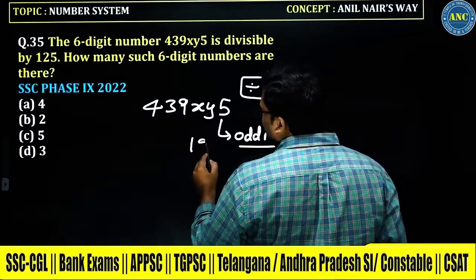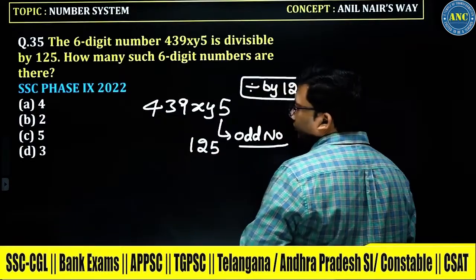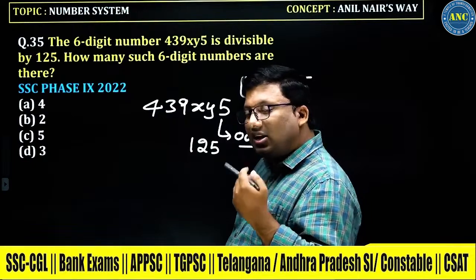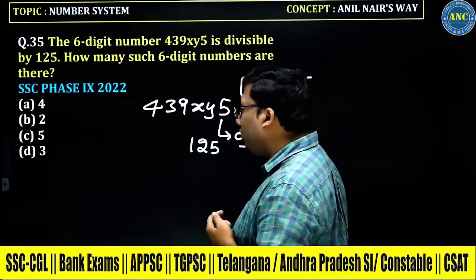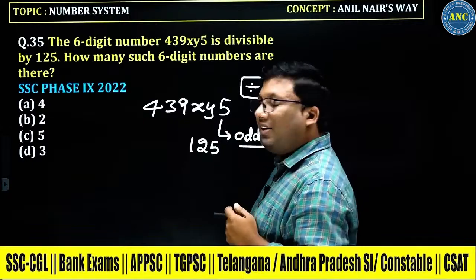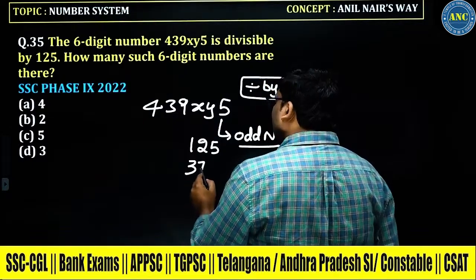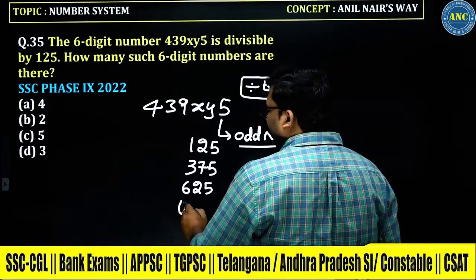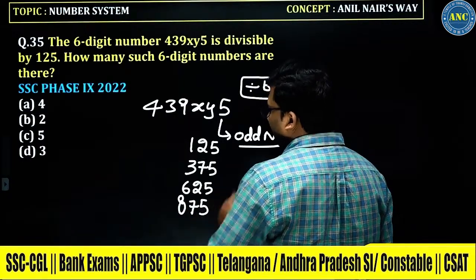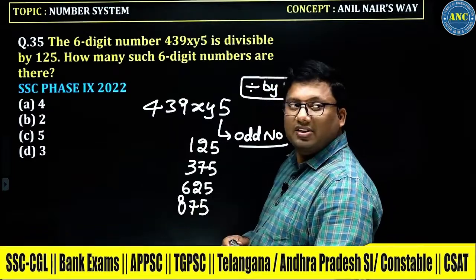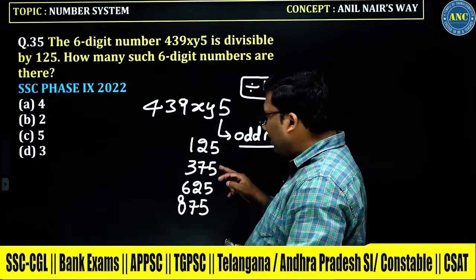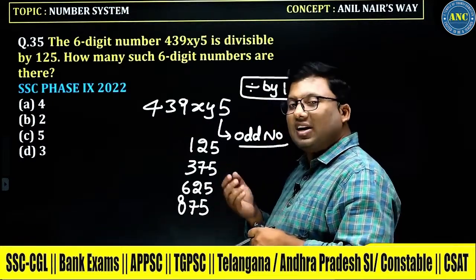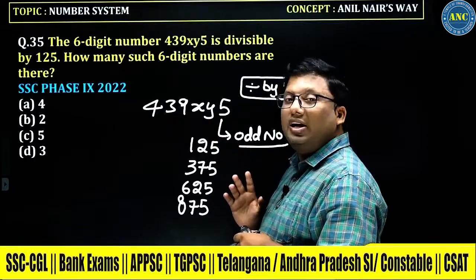That means how many values can I take? 125 multiples: 125 ones are 125. 125 twos are 250. 250 will make the number an even number, so I cannot take it. Odd multiples we should take. 125 threes, 125 fives, 125 sevens. 125 nines will exceed that; I require only a 3-digit number.